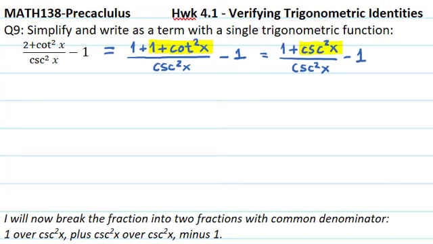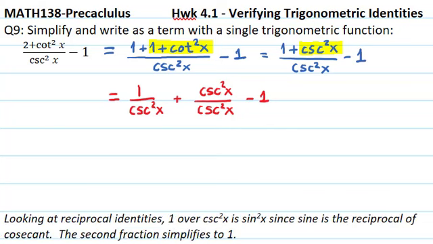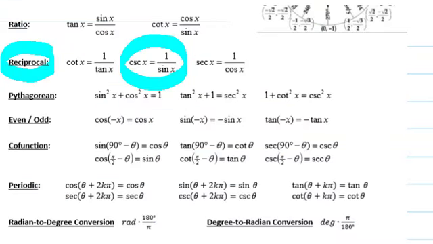I will now break the fraction into two fractions with common denominator. 1 over cosecant squared of x plus cosecant squared of x over cosecant squared of x minus 1. Looking at reciprocal identities, 1 over cosecant squared of x will equal sine squared of x, since sine is the reciprocal of cosecant.